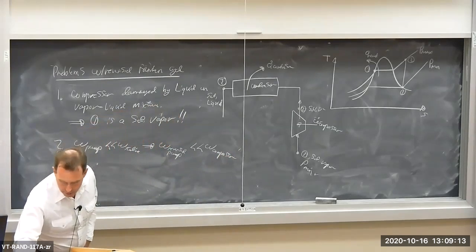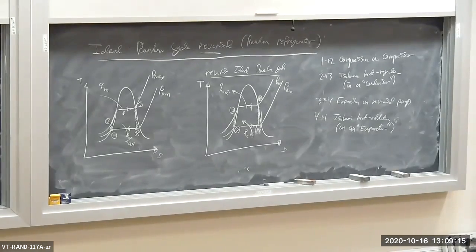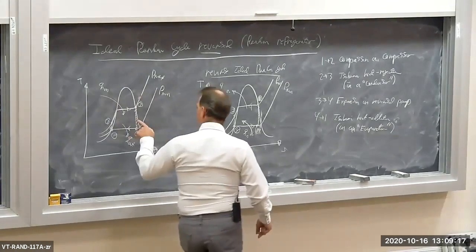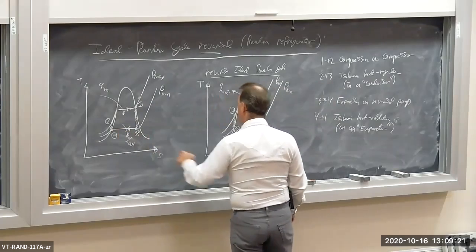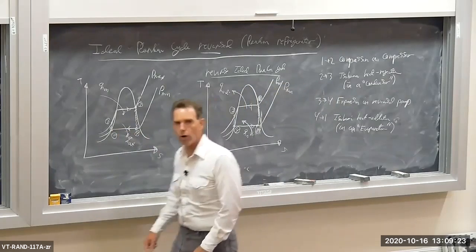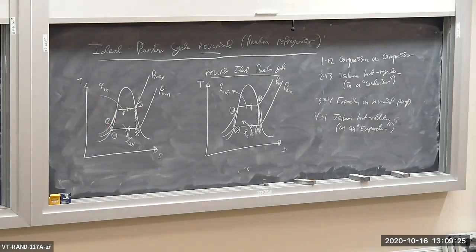Remember? The turbine became a compressor, and the pump became a reverse pump, or a work-producing device.